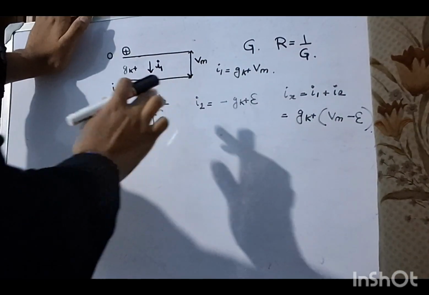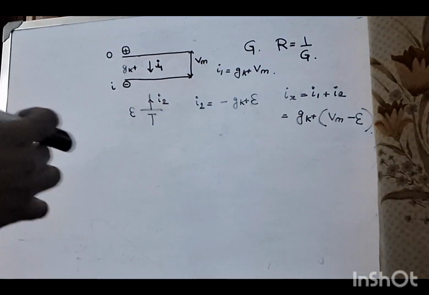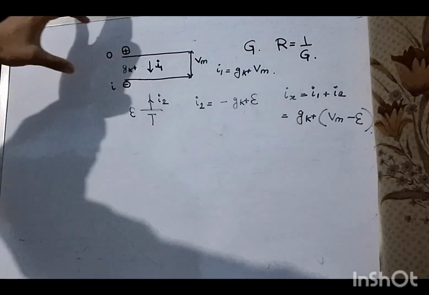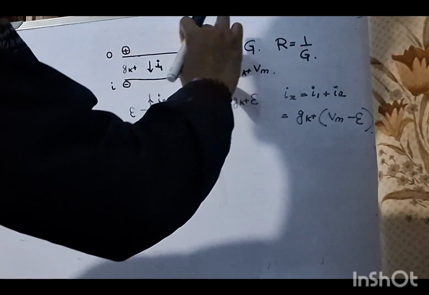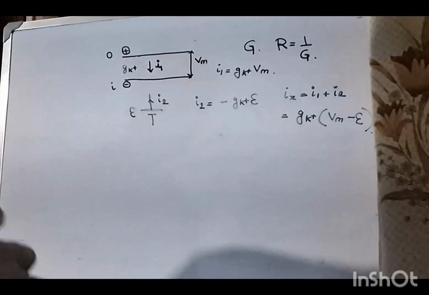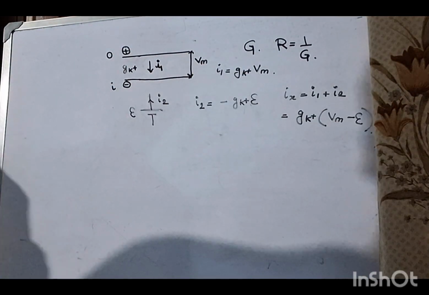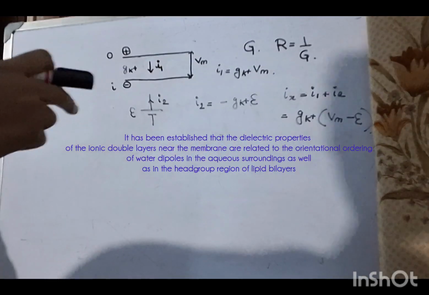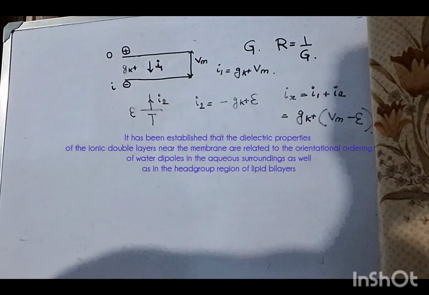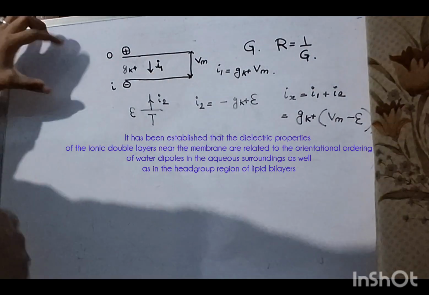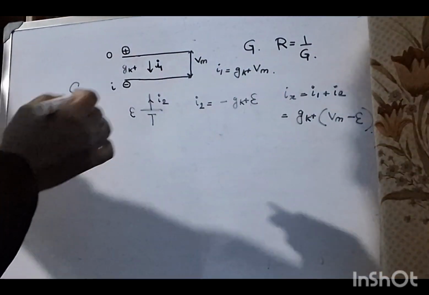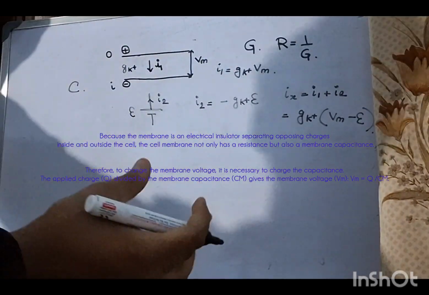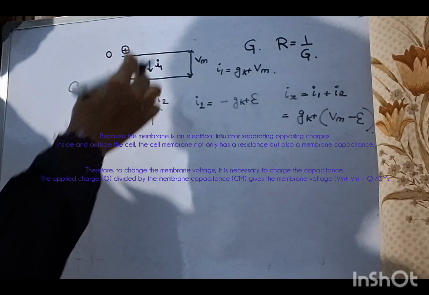This membrane is actually equivalent to a capacitor. So what is a capacitor? A capacitor is a device that stores charge between two conducting plates, with insulating material in between. It can be a dielectric, or in this case these are the hydrophobic tails of the lipid molecules. So we can say that the membrane is a capacitor with a certain capacitance C. It stores a certain amount of charge, which we can derive from the current flowing through the capacitor.